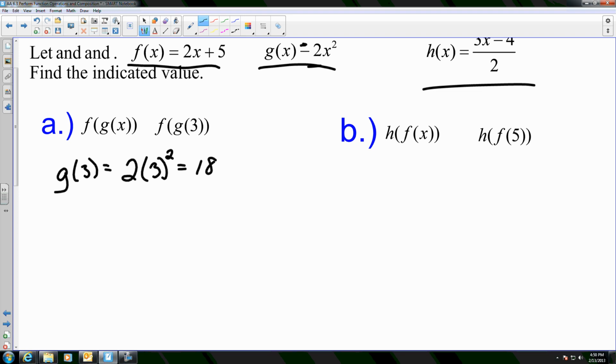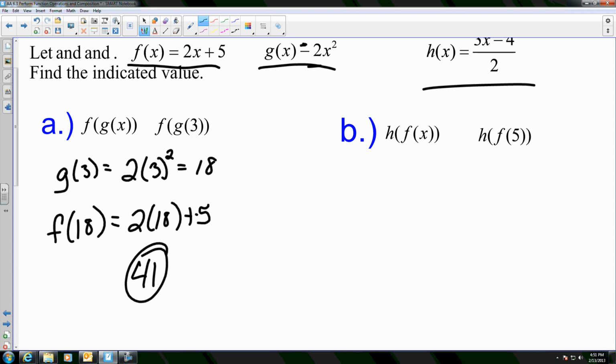So now that I know g of 3 equals 18, now I want to find out what f of 18 equals. So now I'm using f of x, where f of x is 2x plus 5. Anywhere there's an x there, I'm going to replace that with an 18. So I got 2 times 18 plus 5. And that would give me a value of 41.